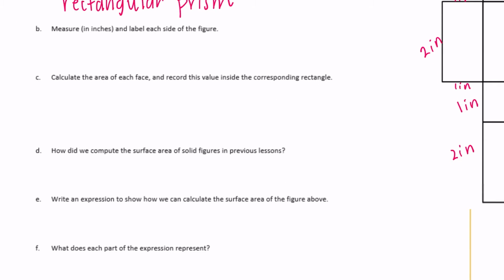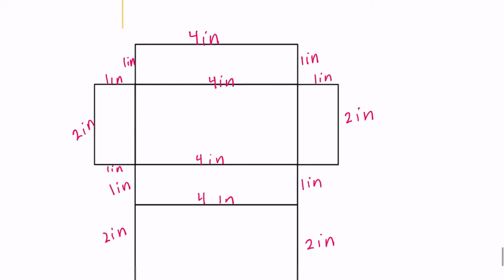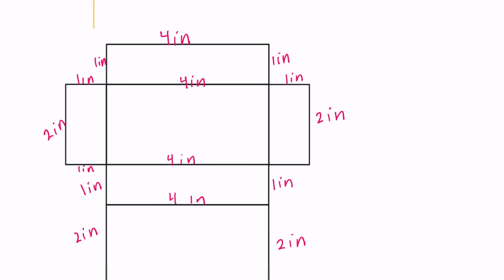Calculate the area of each face and record this value inside the corresponding rectangle. So it wants us to find the area of each rectangle, or each face. So this top one is 4 inches by 1 inch, which will be equal to 4 inches squared. I'll just go down. Next one is 4 inches by 2 inches.